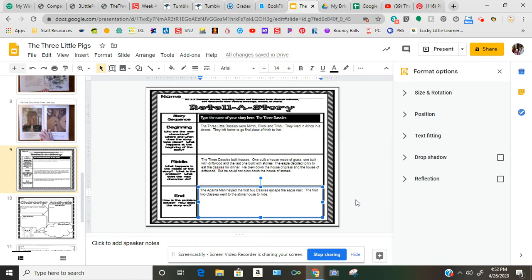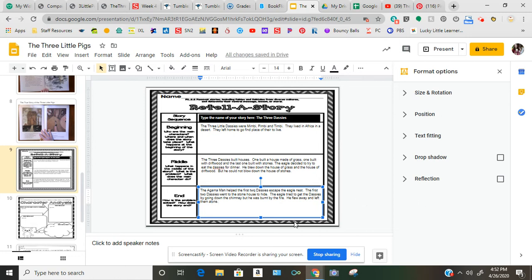Then what did the eagle do? The eagle tried to get the dassies by going down the chimney, but he was burnt by the fire. He flew away and left them alone.